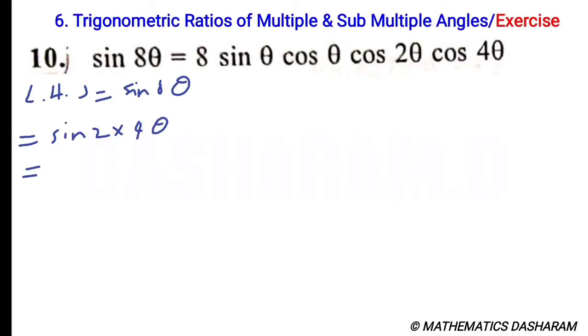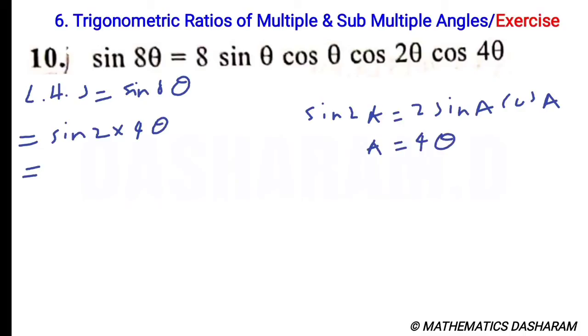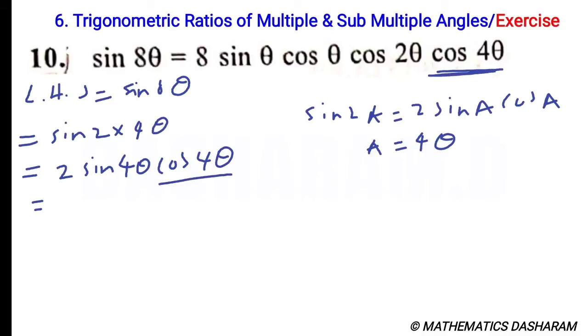So it is equal to, we know very well the sin 2a formula equals 2 sin a cos a. So here at the place of a, what is the value? 4 theta is there. So that is why 2 sin 4 theta, cos 4 theta. Next, see here cos 4 theta required, here also cos 4 theta came, so don't change anything.